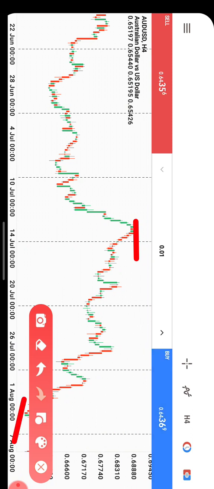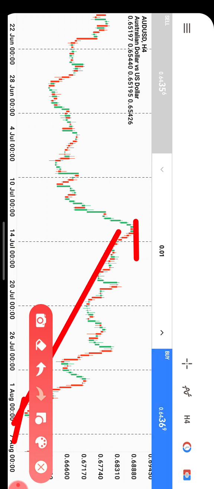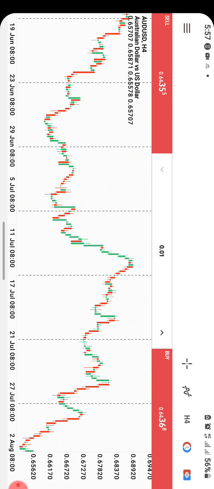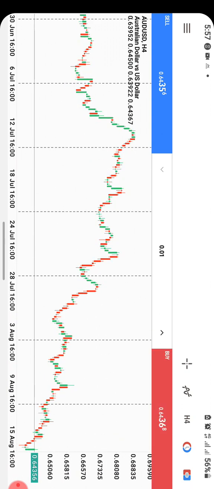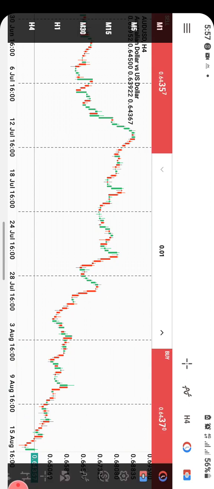Even though there was a fall in the market, the price was as high as here before, and then the market fell down here. In fact, the market fell even lower than that. Can you see it?